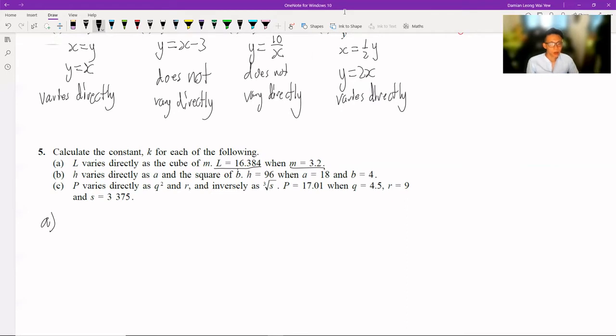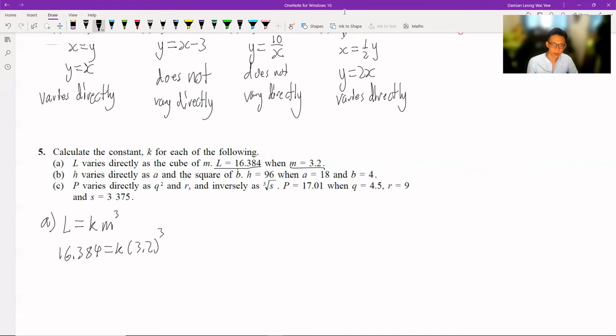So part A, L varies directly as the cube of m, means L equals to k times cube of m, means m cube. To find k, basically just substitute the values of L and m. 16.384 equals k times 3.2 cube.